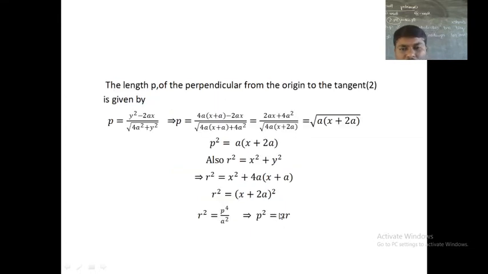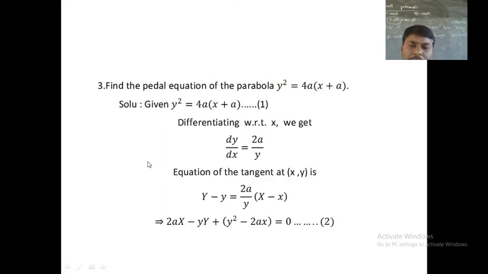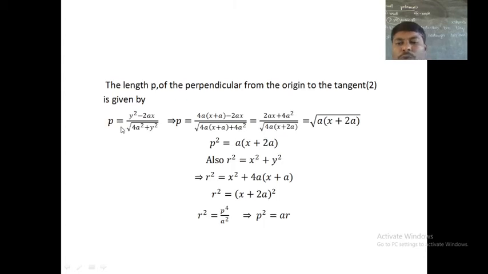Call this equation number 2. The length p of the perpendicular from the origin to the tangent 2 is given by p is equal to, so this can be written by using equation number 2. This is equal to y square minus 2ax by square root of 4a square plus y square.